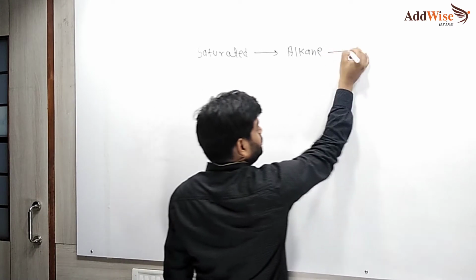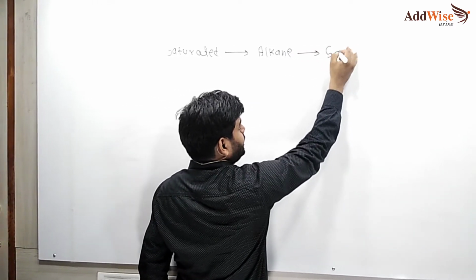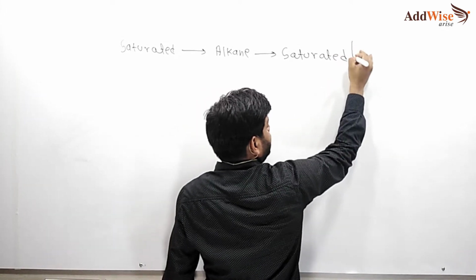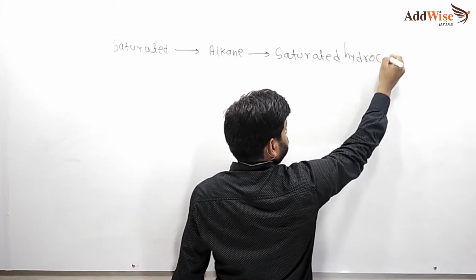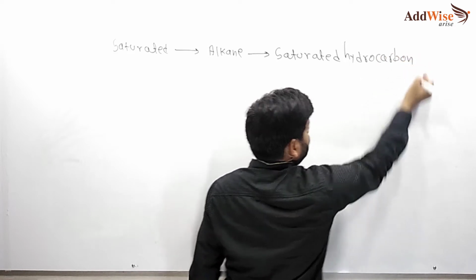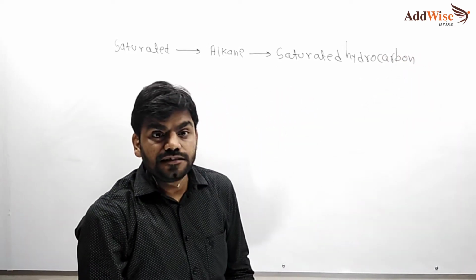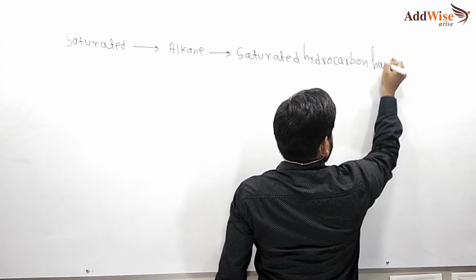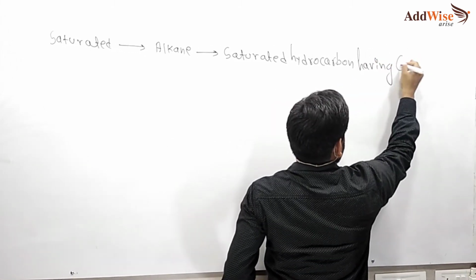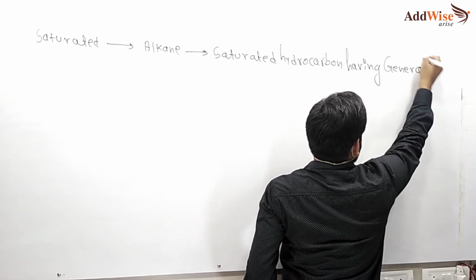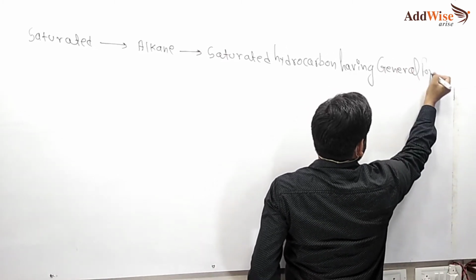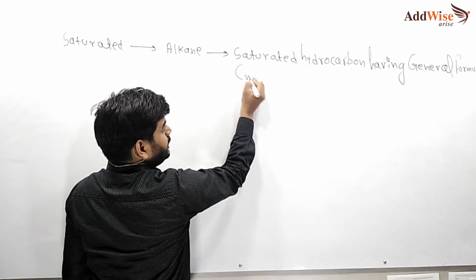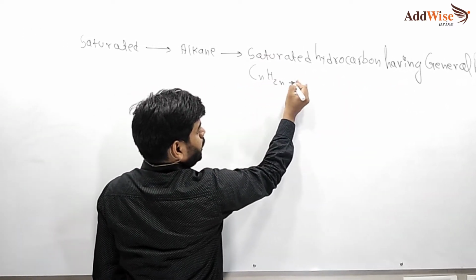Students, alkanes are saturated hydrocarbons having the general formula CnH2n+2.